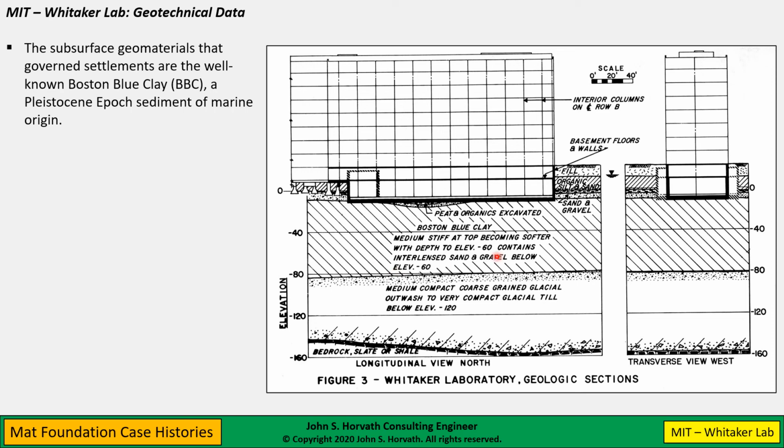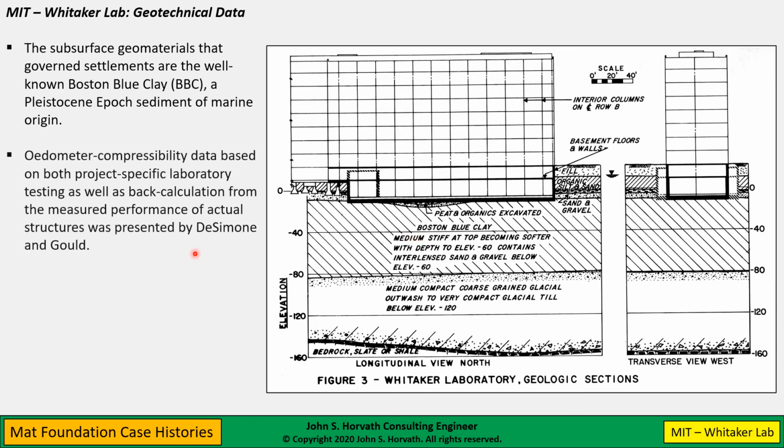So in order to minimize settlements, they had to have a compensated mat foundation so that all the Boston blue clay was simply loaded in the reload range, not the virgin curve range, where the settlements would have been anywhere from 5 to 10 times greater had that been the case.